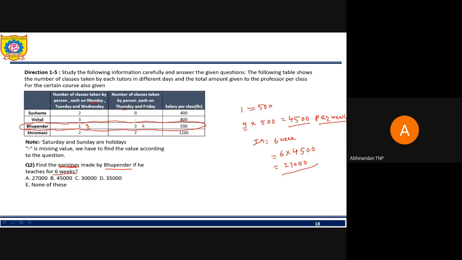So this is another question which was asked in the aptitude, related to the table. If I find out how much Bhupender has earned in 6 weeks, 27,000 is the right answer. Option A is correct.